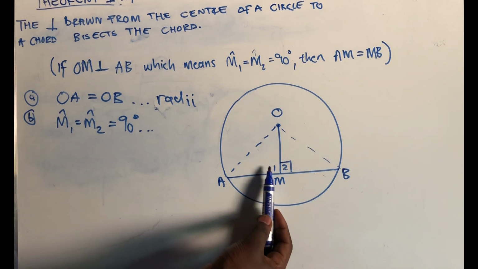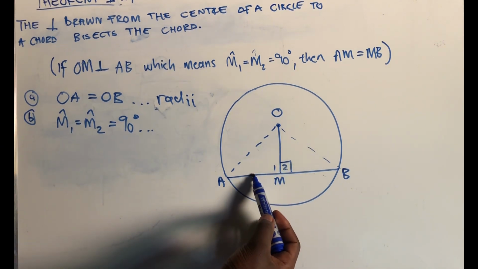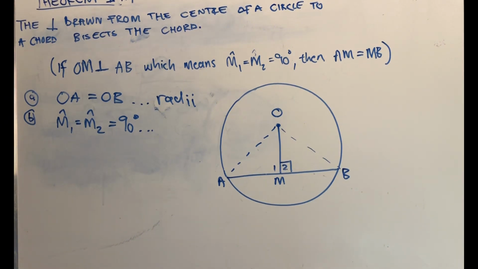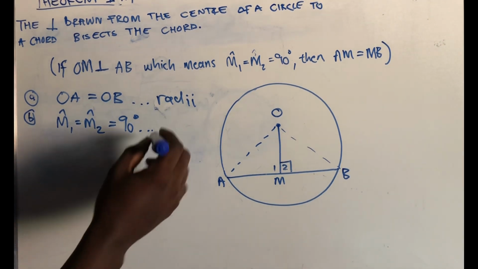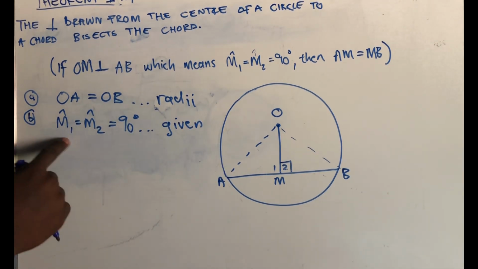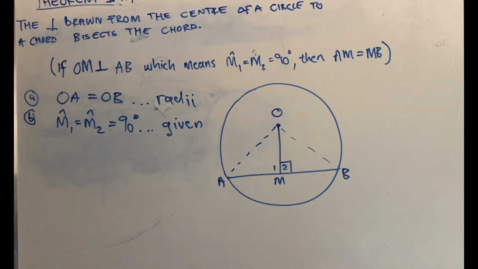So this is 90 and this is 90. It's a straight line, and 90 plus 90 gives 180. Angles on a straight line are supplementary, they add up to 180. So M1 equals M2 because both of them equal 90.